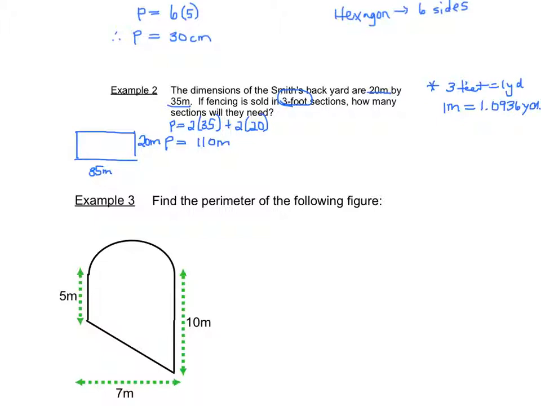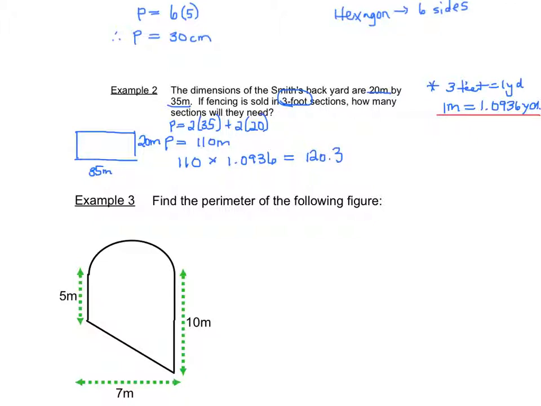So we have to convert our perimeter of 110 meters to yards by multiplying by 1.0936. If every meter is equivalent to 1.0936 yards, then 110 meters will be 110 times 1.0936 yards.